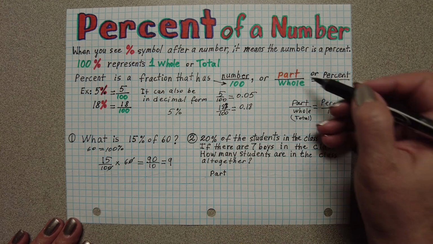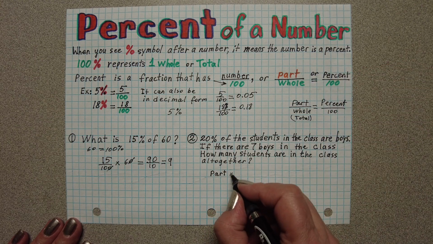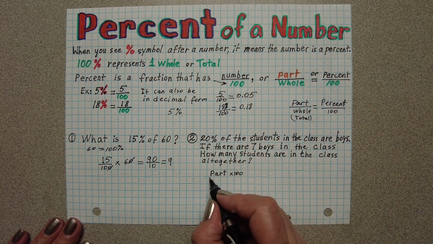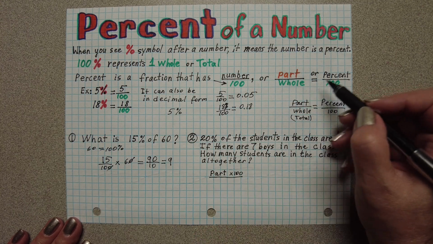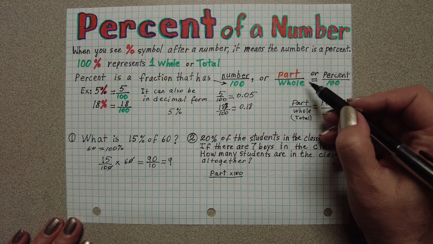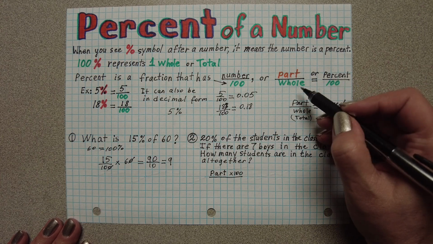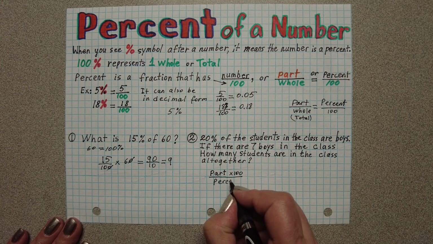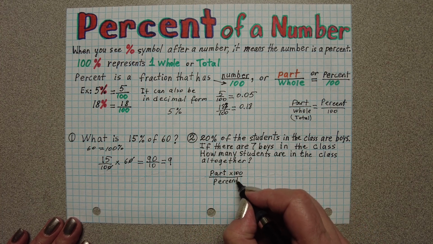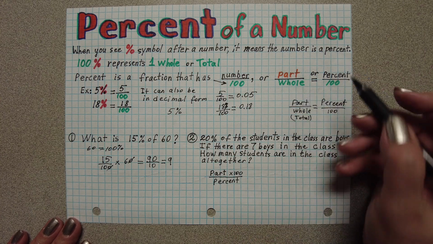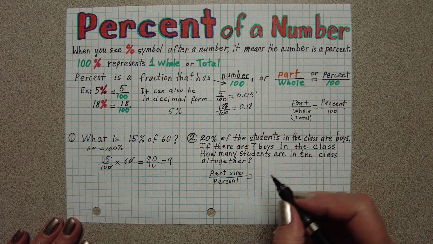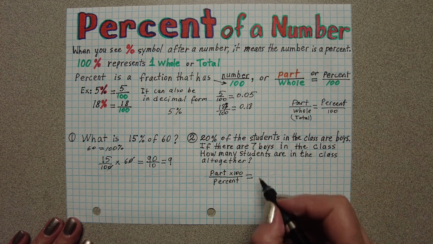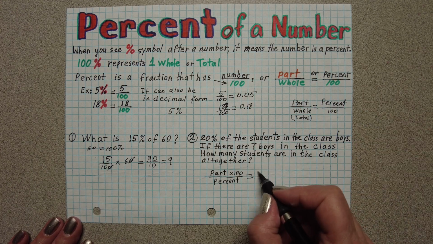We will bring 100 next to part, times 100, divided by percent. We can switch these parts. We're going to bring percent on the bottom and we take the whole. That's what we need to find, the total number of students. The total will be here.